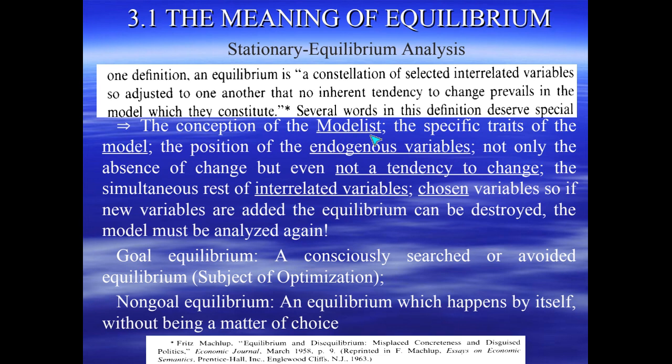So the conception of the models enters the game. Interrelated variables, so they are not unrelated, they are interrelated. These variables come together to form an interrelated and meaningful whole. So adjusted to one another. They are in certain positions and not in other positions.